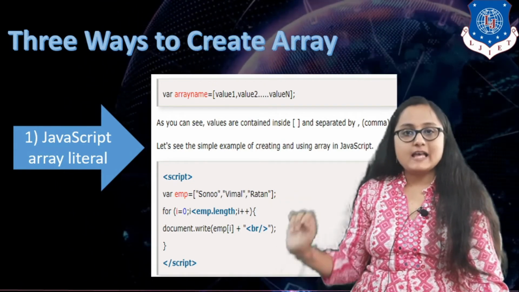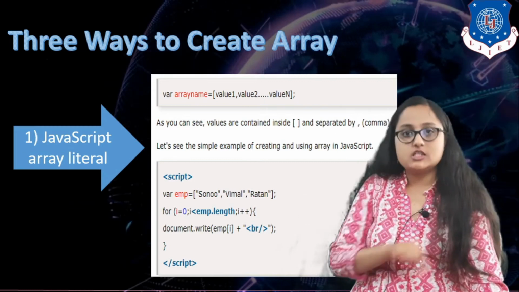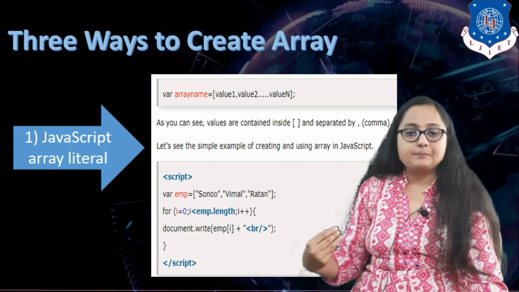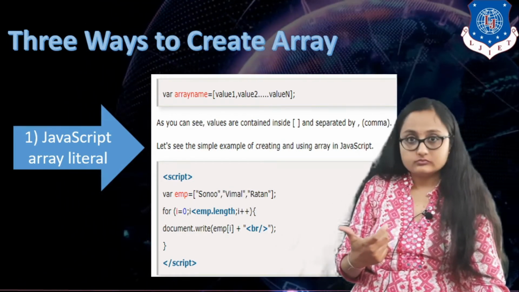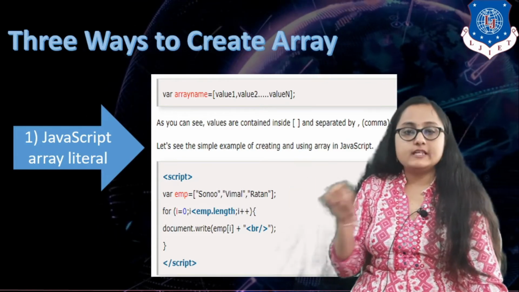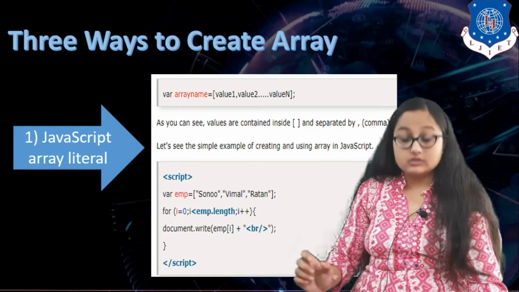When the loop is at the 0th position, what will be stored? emp[0] has Suno, so Suno will be displayed.